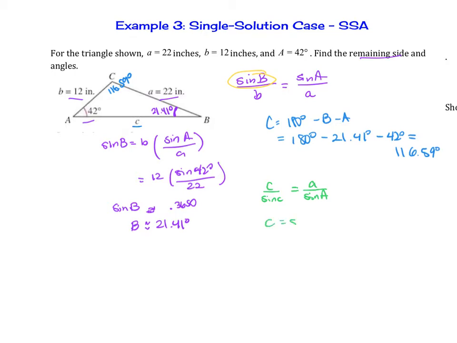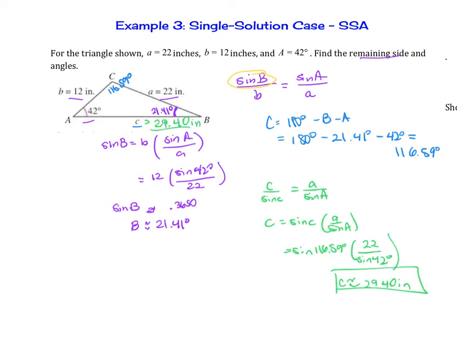So c equals sine of C times a over sine of A, so sine of 116.59 degrees times 22 over sine of 42 degrees. We find that c is about 29.40 inches. Okay, so that triangle is all solved.